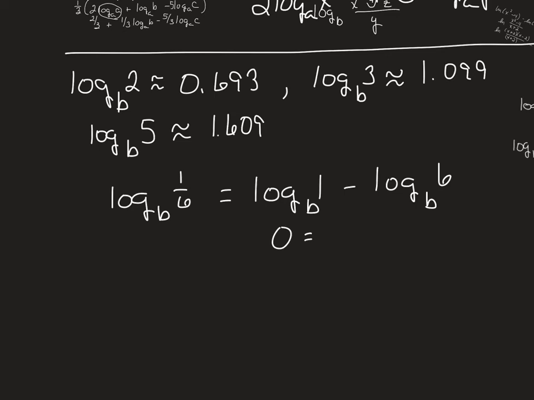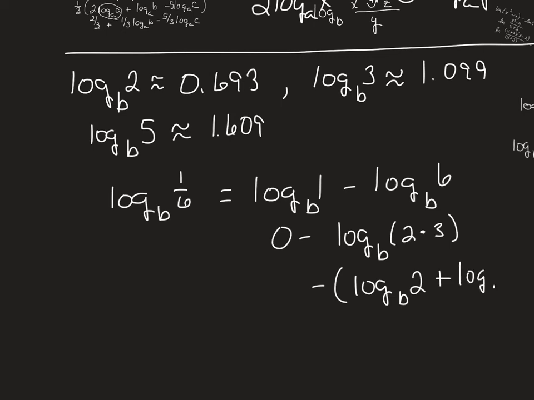And we can subtract. Well, I can write the log base b of 6 as 2 times 3. And if I expand that, we're going to have the log base b of 2 plus the log base b of 3.